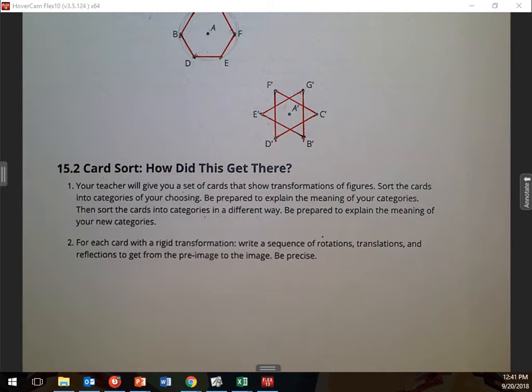Just sort it into groups. Some are going to get like big and small. Sort it.